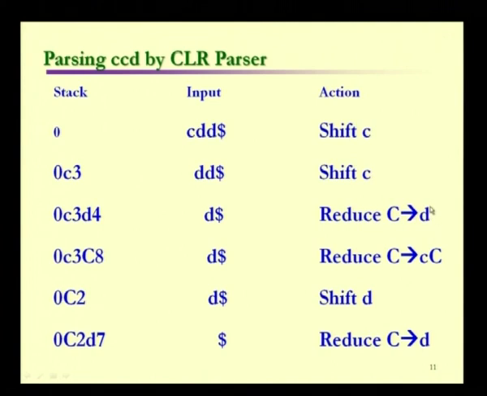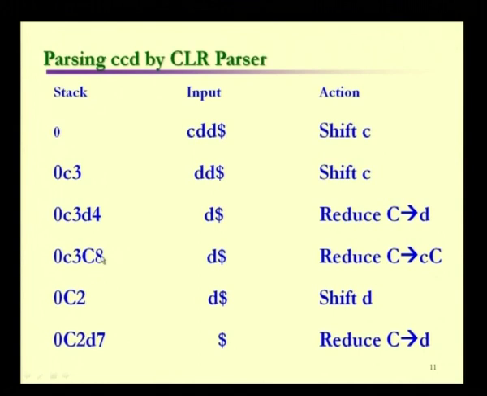The number of symbols on the right hand side is 1. So, we remove 2 symbols from the stack. D4 will be out, the left hand side C will be pushed, and 3 C will be consulted. When we consult 3 C, we get 8 as the answer. Just push 8 onto the stack.